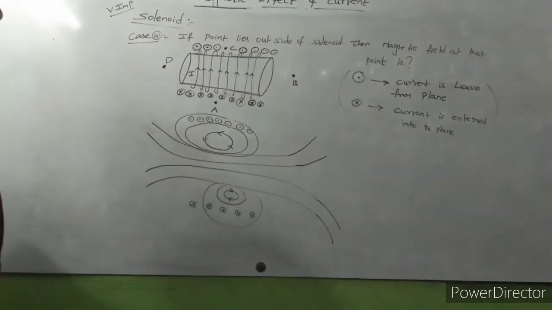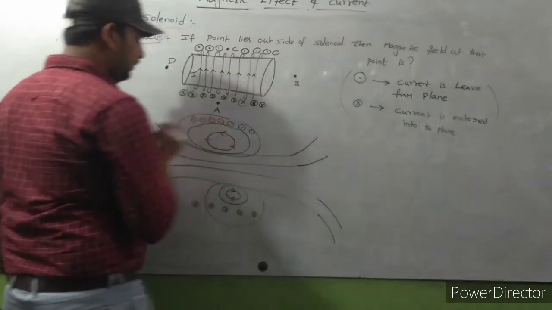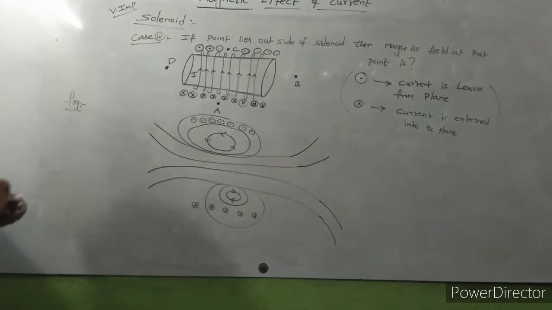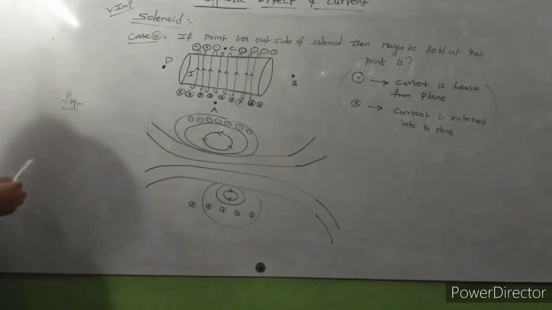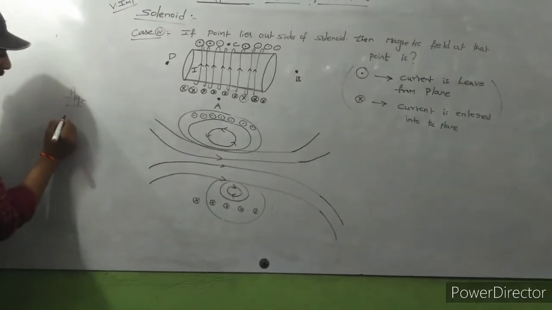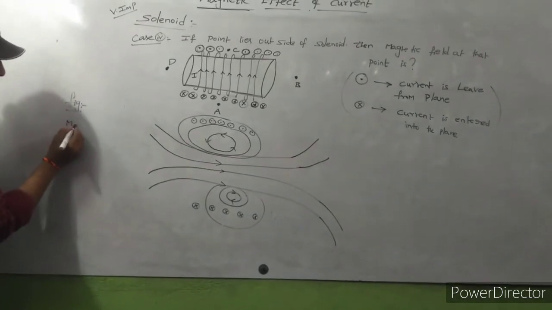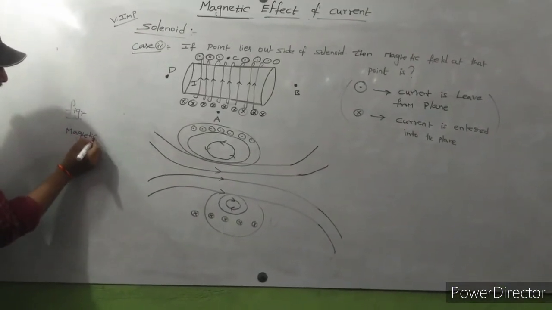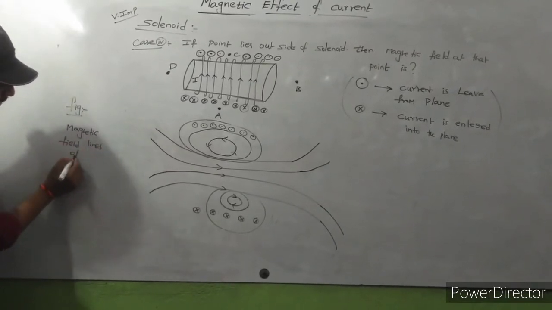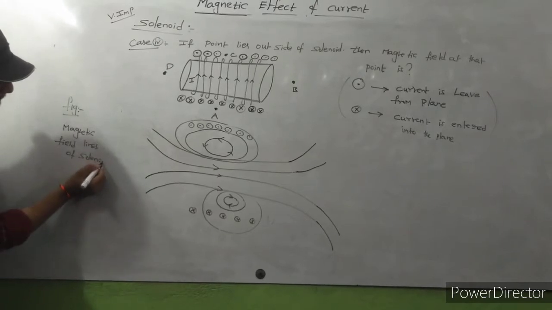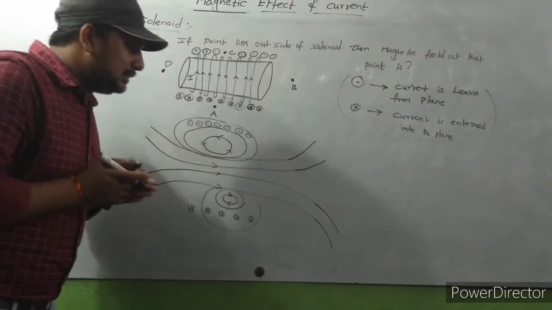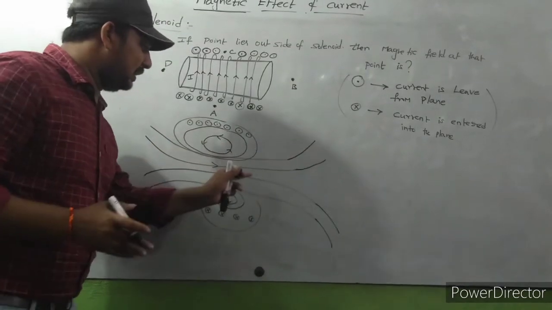This is a figure for the structure of magnetic field lines. So observe here. The magnetic field lines enter into the solenoid.